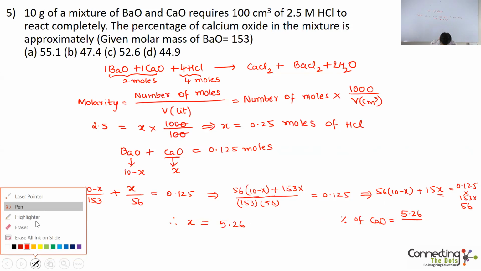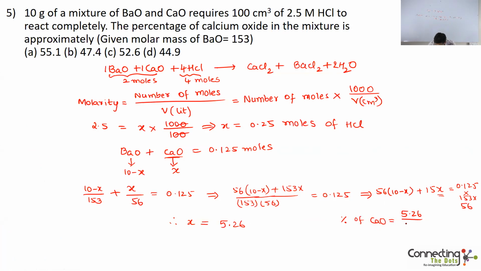Total mass is given here in the question, which is 10 grams. So out of 10 grams, how much calcium oxide constitutes? So it will be divided by 10 multiplied by 100. So this goes off. So it's approximately equal to 52.6%. So from this we can say that option C will be the correct answer.